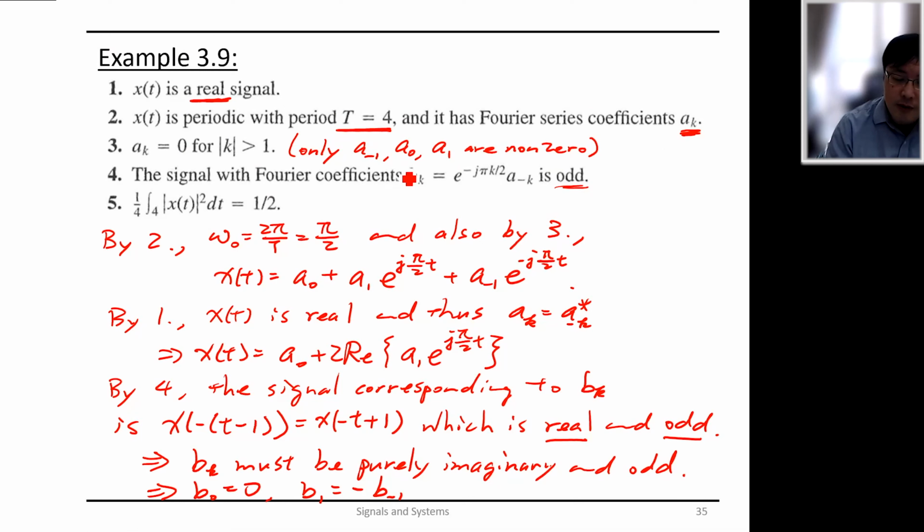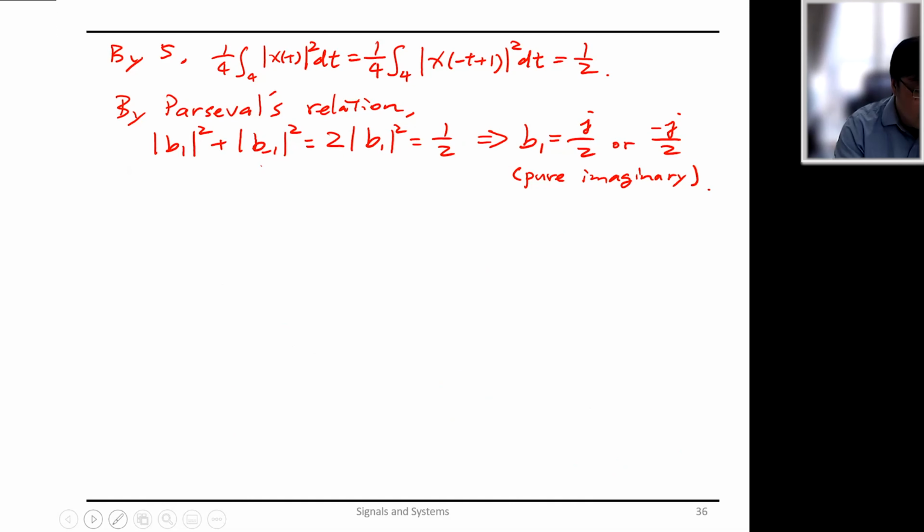Now, by this property 4, with B, we can then obtain the value of A. So by this property 4, we know that A1 should be e to the minus j pi over 2 b sub minus 1. And this term up here is just minus j.